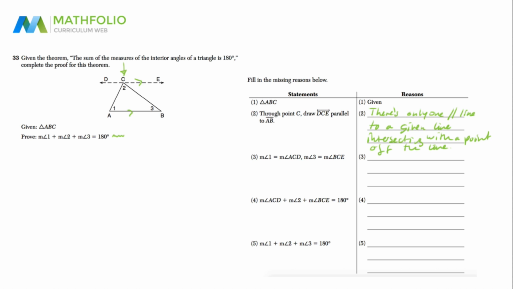Alright, so that's just a commentary for a reason for the first one. So we've drawn this line, that's why it's dotted, and this is the rule. There's only one line that can be drawn.